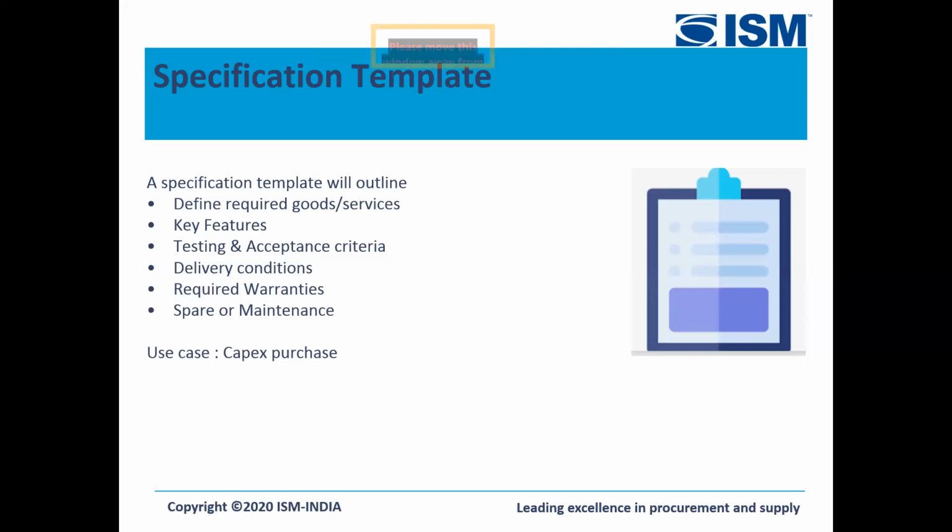Then when we talk about testing and acceptance criteria, it is good practice to understand the testing and the acceptance criteria of the goods being bought in or services being taken. For example, when we are buying a capex machinery, say a drilling machine, we are looking to understand what thickness of material would be minimum or maximum, and how that finish would be worked up.